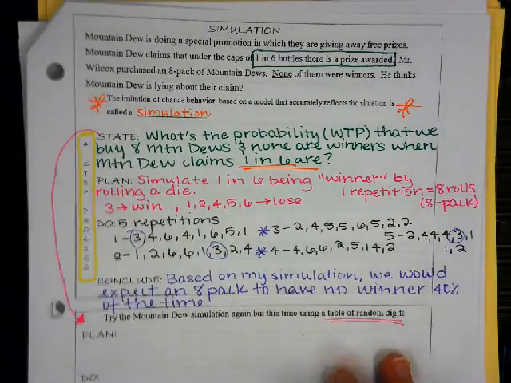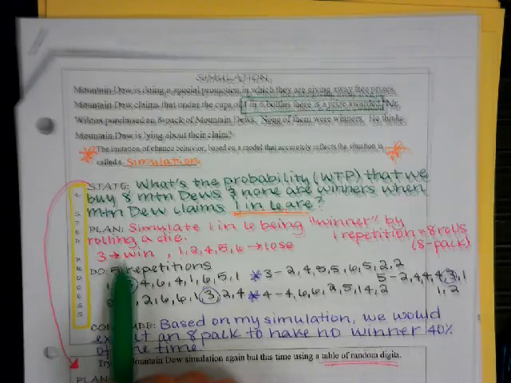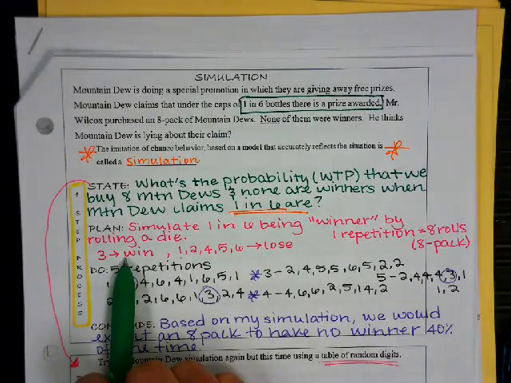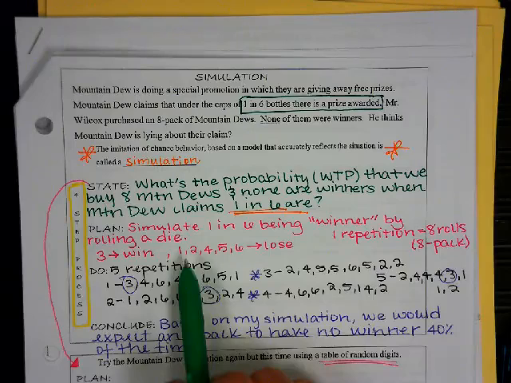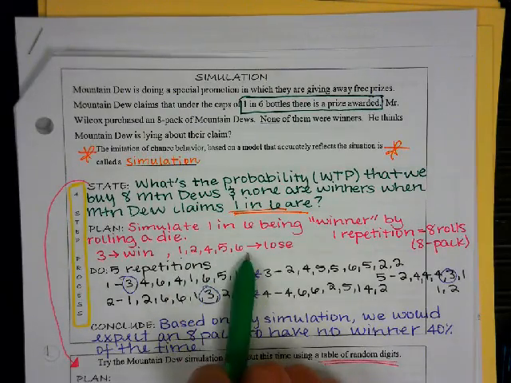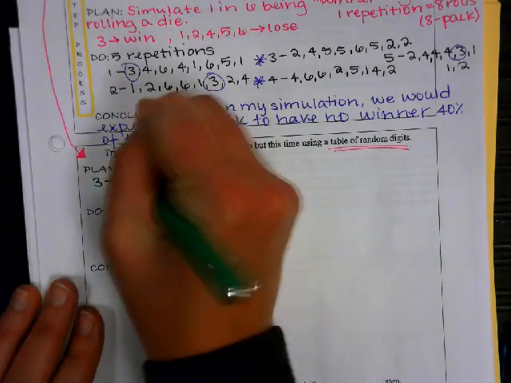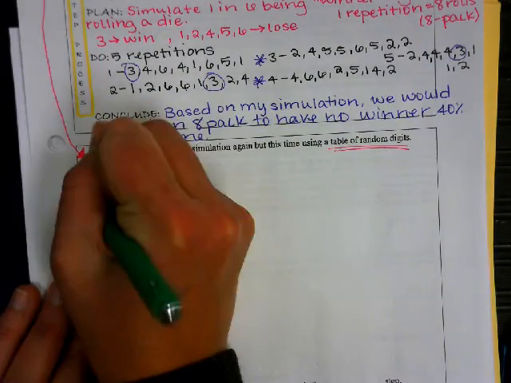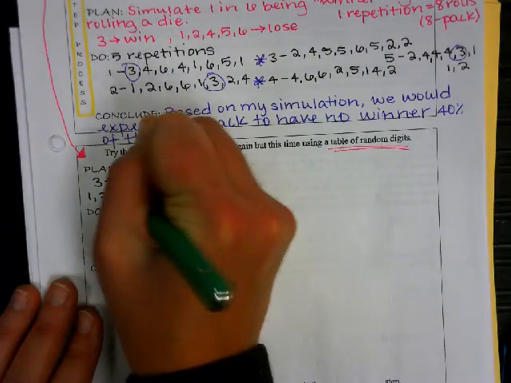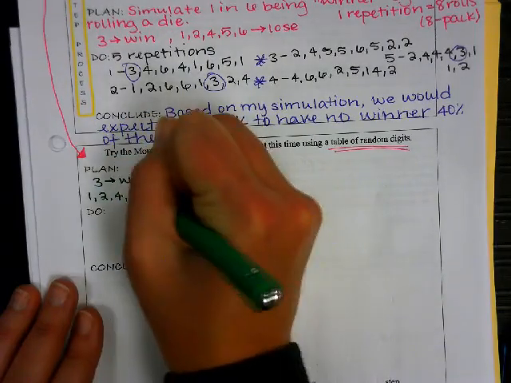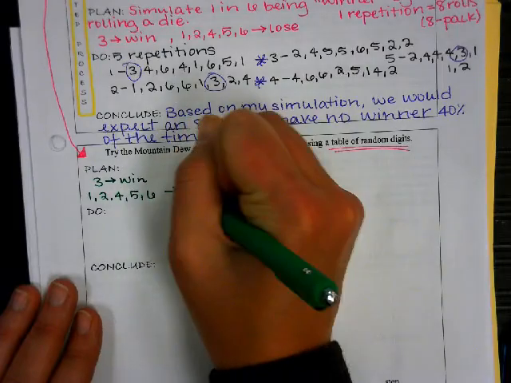So just to stick with what we did yesterday, I'm going to say 3 means we won. 1, 2, 4, 5, and 6 mean we lose. 3 means we win. 1, 2, 4, 5, 6 mean lose.